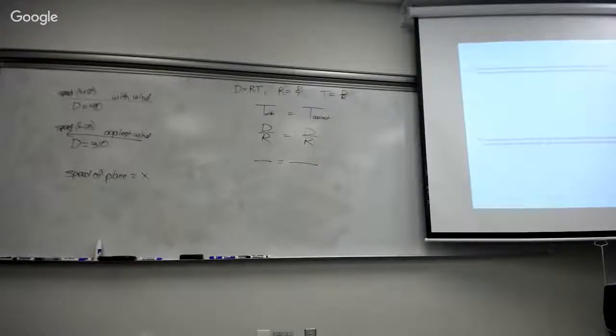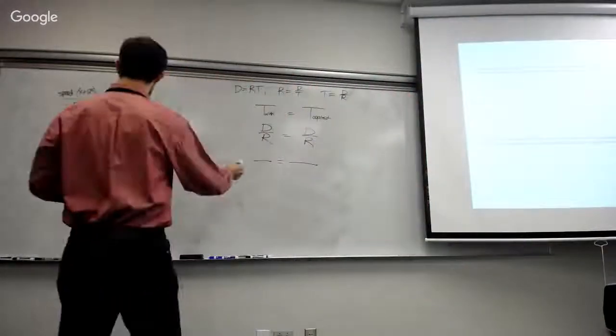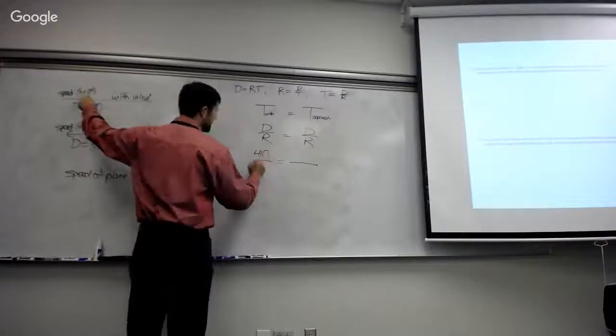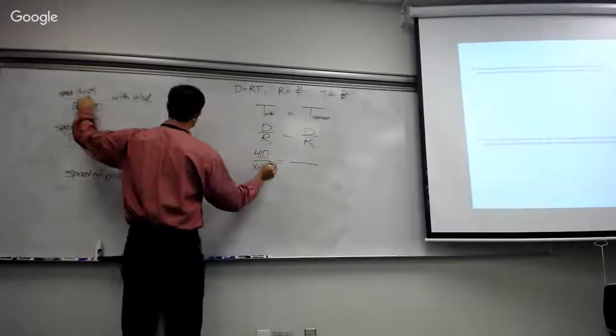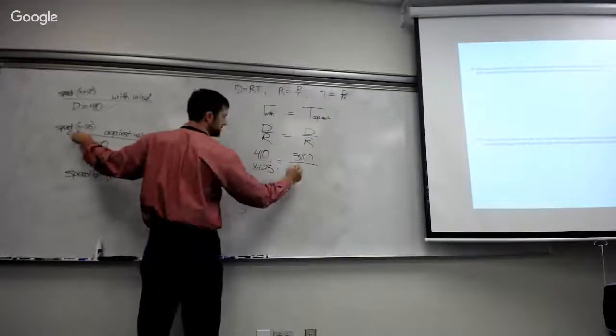Okay, folks, let's compare answers. So let's see, going with the wind, we went 410 miles, and the rate was x plus 25. And then going against the wind was 310 miles, and the rate against the wind was x minus 25.